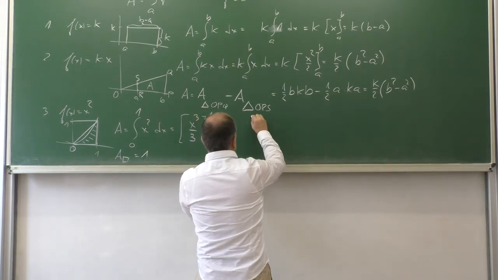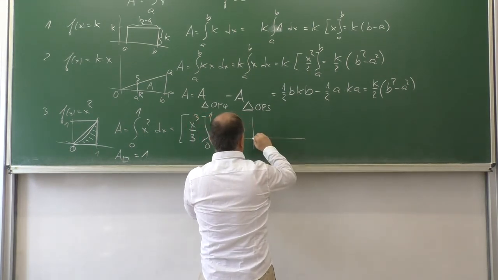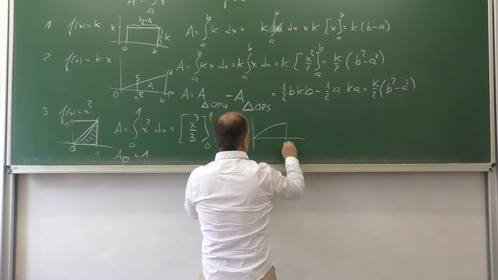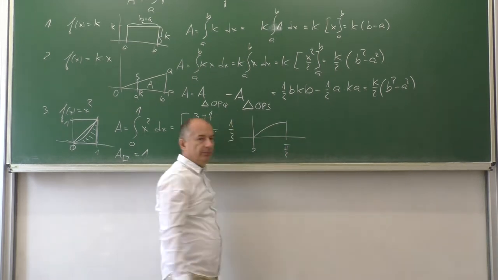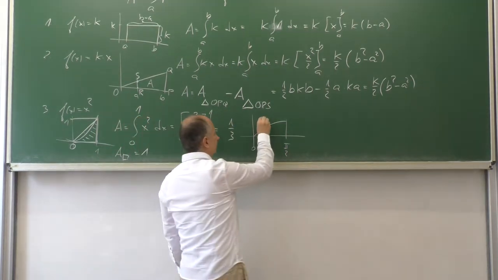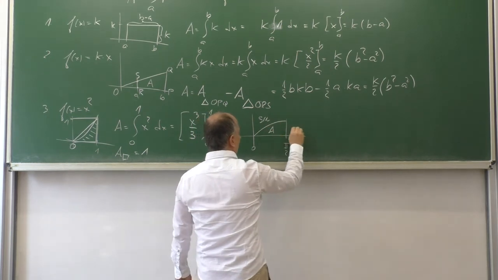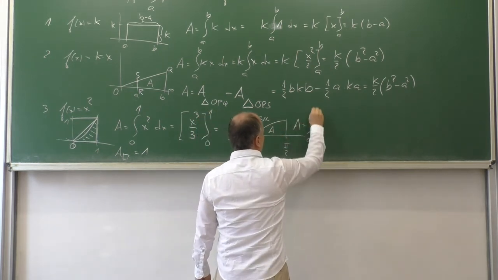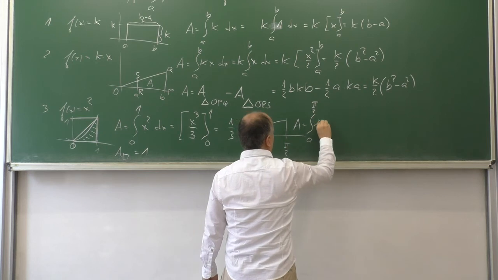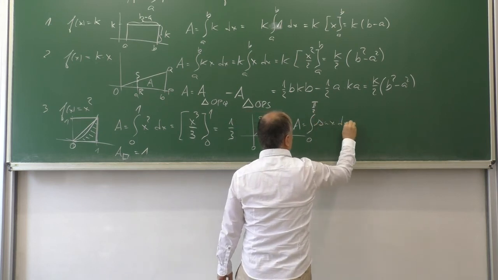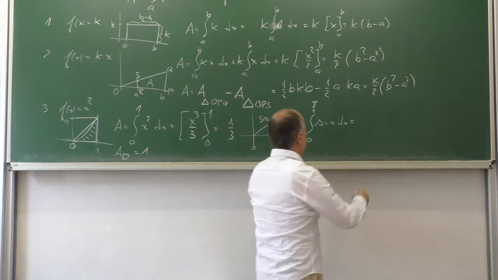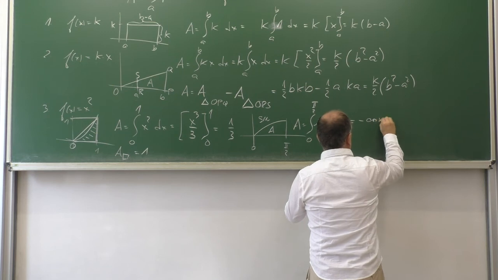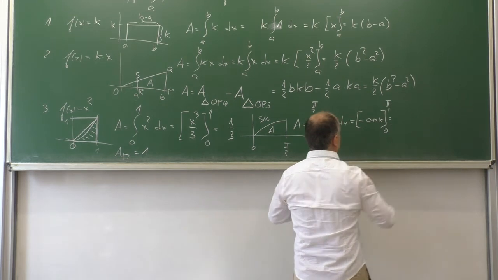Perhaps another interesting example, let's consider the function sine from 0 to pi/2. And this area will be the integral from 0 to pi/2 of sine of x dx. But the integral of sine is minus cosine from 0 to pi/2.